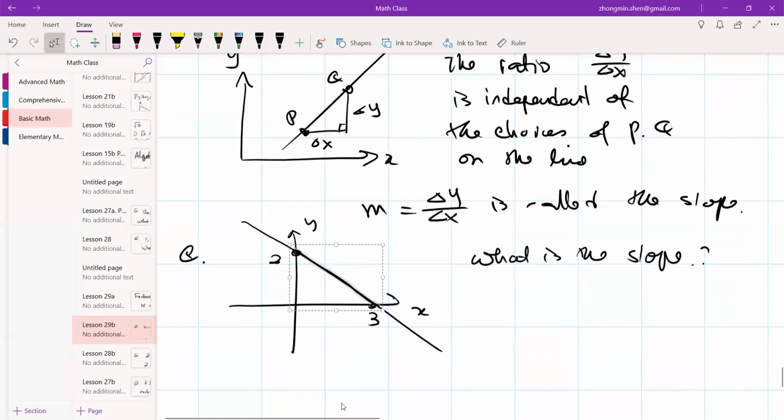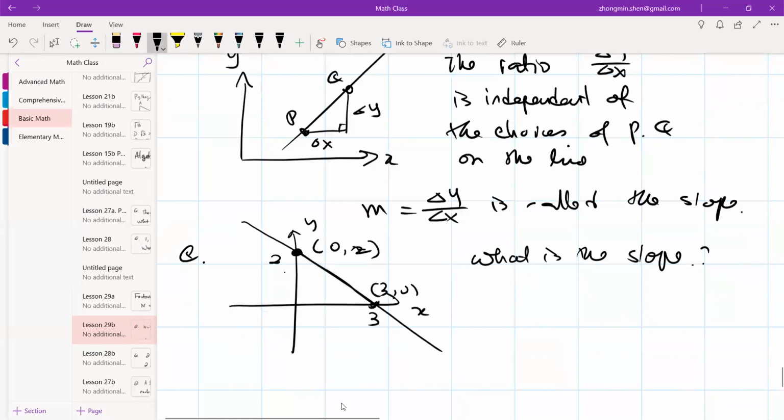So here, this point has coordinates 0 and 2. This point has coordinates 3 and 0.